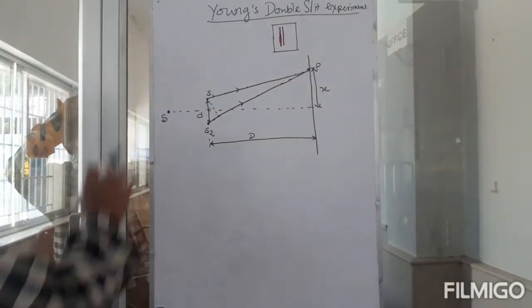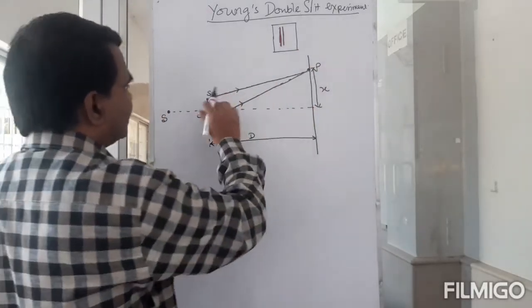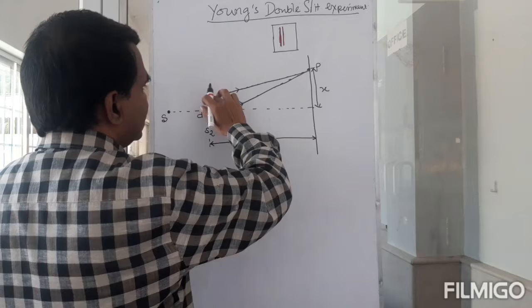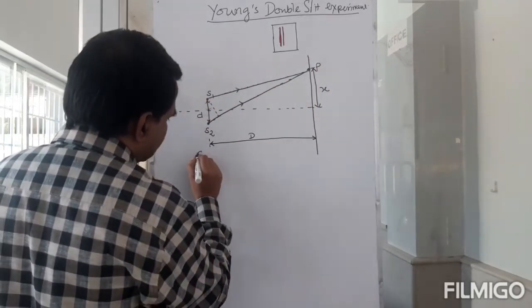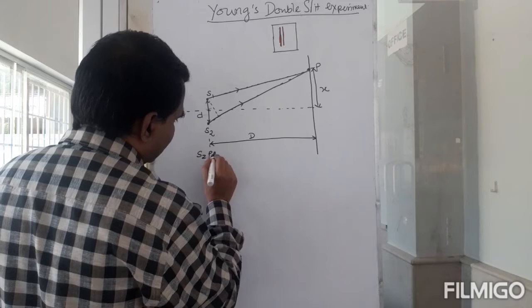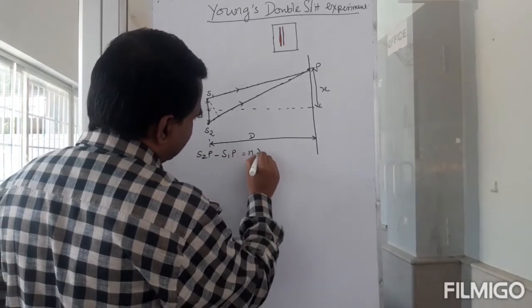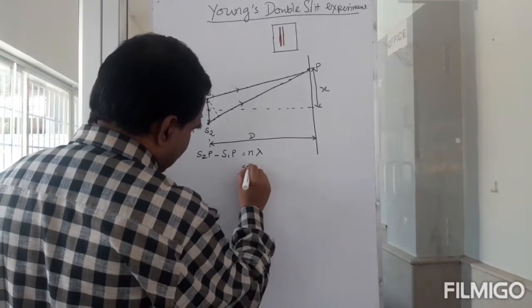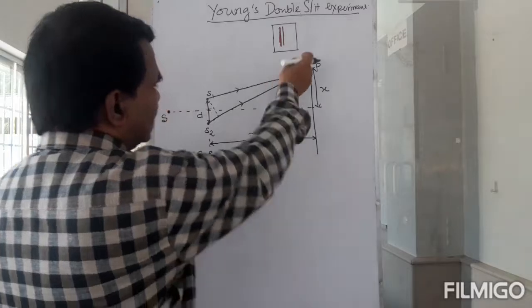So with this, I need to find the path difference. What is the path difference? The path difference is going to be S2P minus S1P. If this is n lambda, then I'll get a bright spot. If this is n plus half lambda, then I'll get a dark spot.